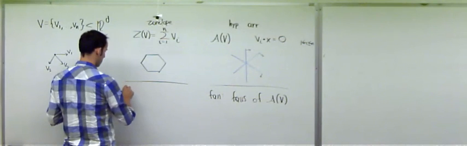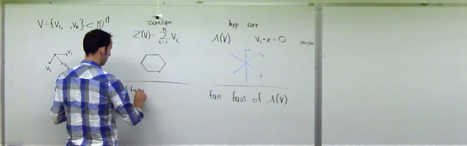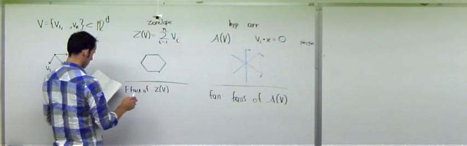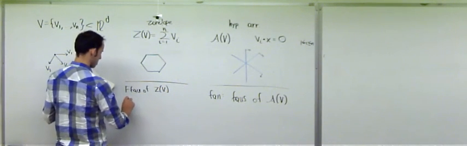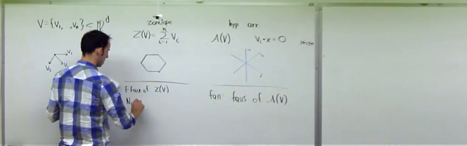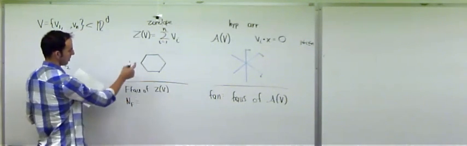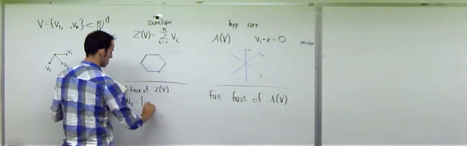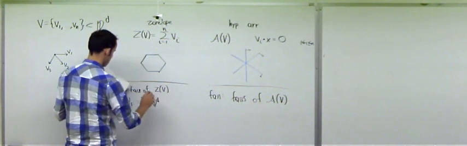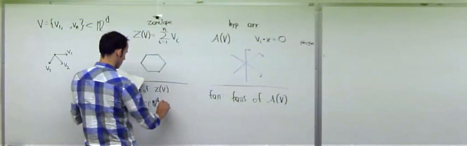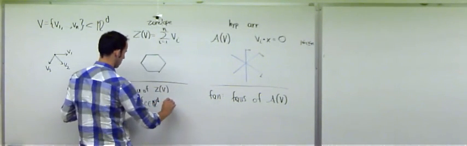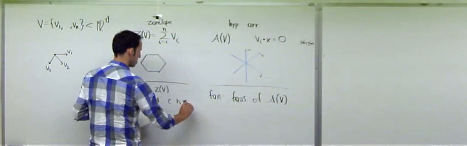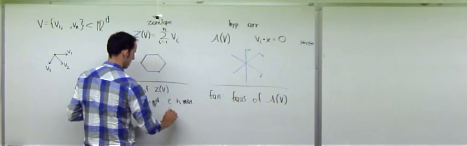For each face F of the zonotope, we defined N sub F to be the directions such that the function c is maximized at the face F.